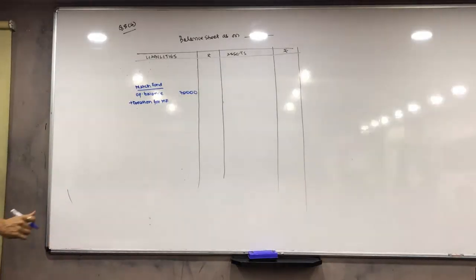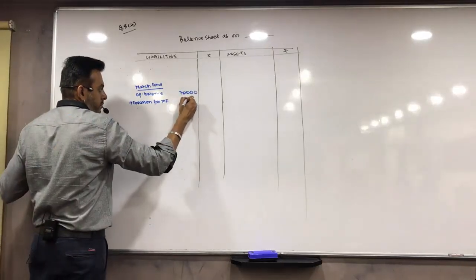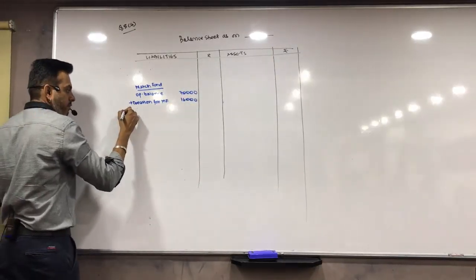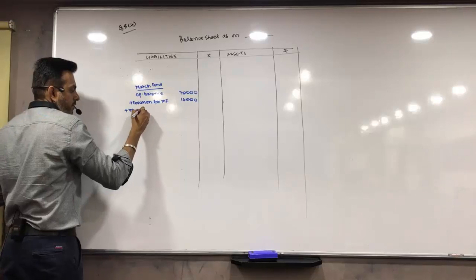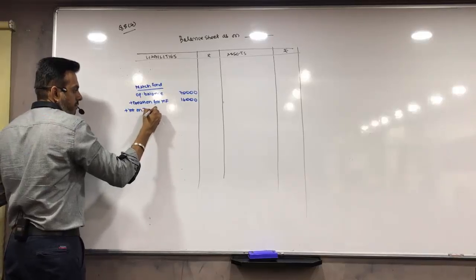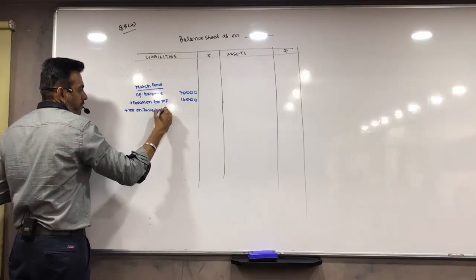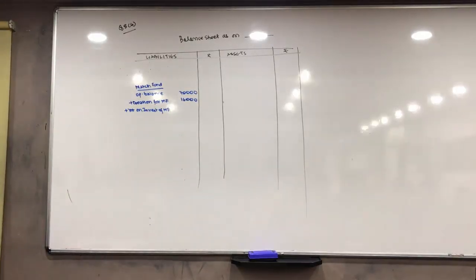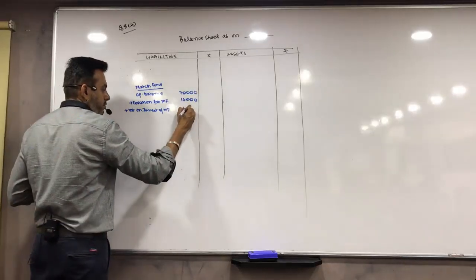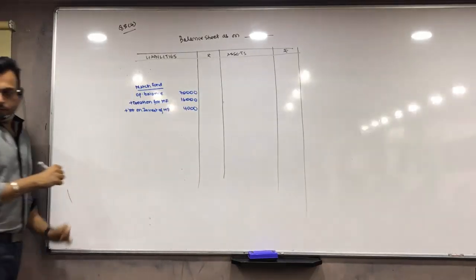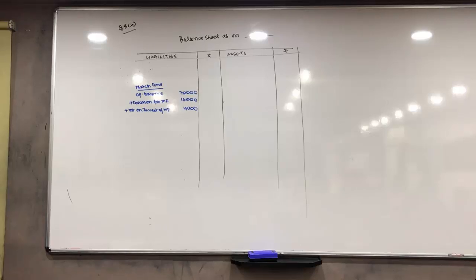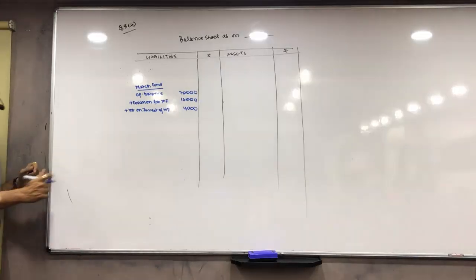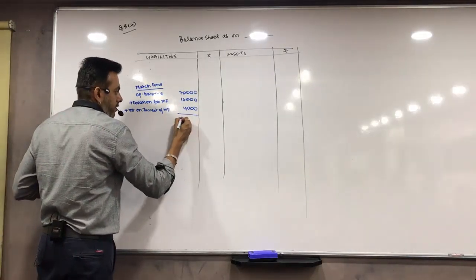Donation is 16,000, plus interest on investment of match fund. It is income of the fund. It is 4,000. That's it. Okay. 90,000.